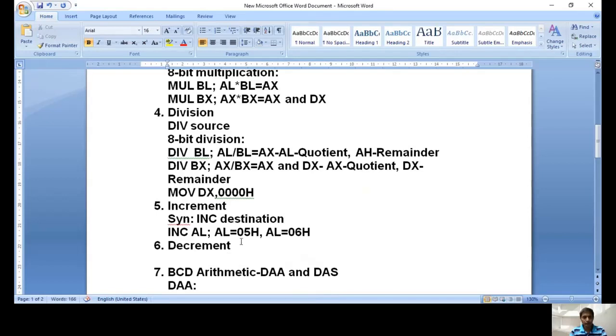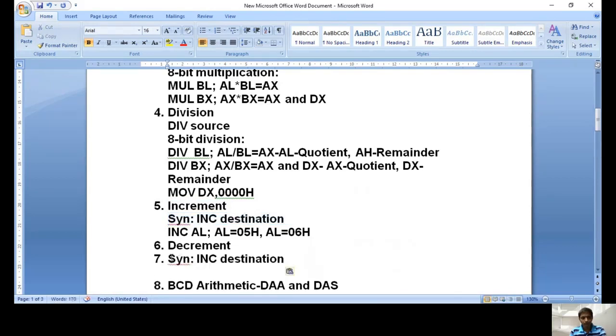Coming to the decrement instruction. The syntax is DEC destination. The decrement instruction is used to decrement the destination content by 1. Let us see.